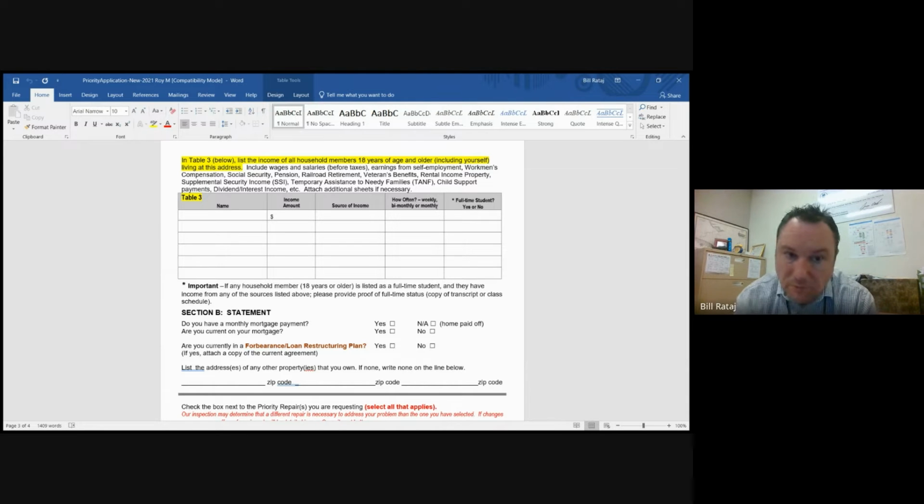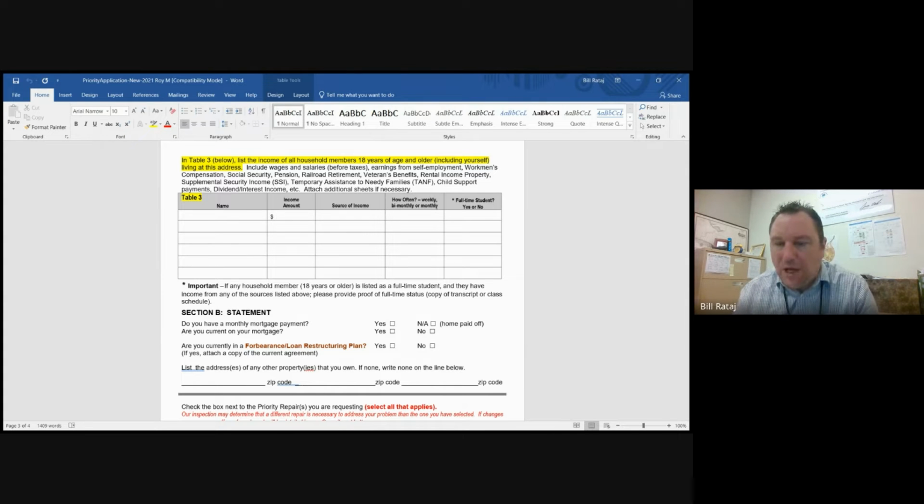If you're not receiving child support, we still need to know what the amount is, but we will need you to provide documentation showing that you're not receiving it, because we can't count the child support as income if you're actually not receiving it. If you are getting some sort of interest income from stocks or a bank account, like you have a savings account that you earn income through interest, we would need to see what that interest amount is. So there's any source of income that you have, basically.